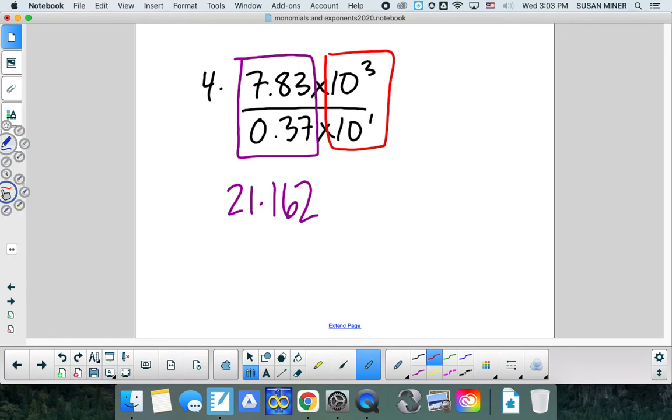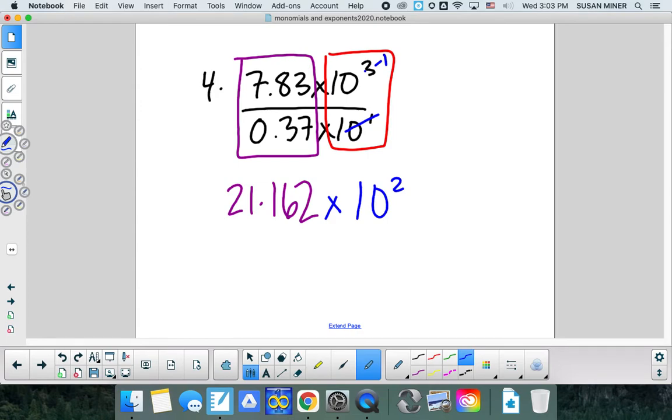There's more exponents in the numerator on this one. This one doesn't have a negative in the denominator, so I don't have to move any of my decimals, right? And so this is going to be times 10. This one's going to cancel out one of these from the top. So 3 minus 1 gives me a 2. And I just subtract my exponents just like I normally would.